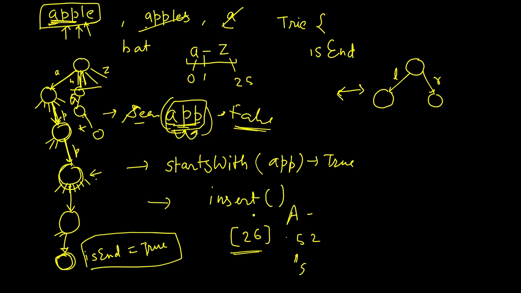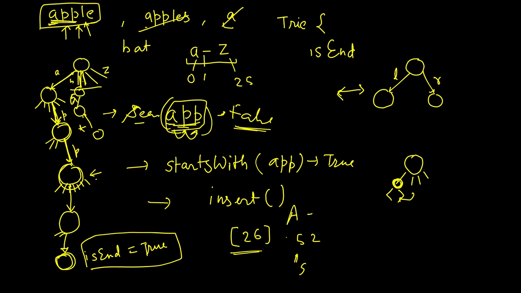And there we will use an optimized version of this, where we will create a trie node, and instead of having a fixed size array, we will have an empty hash initially, and whenever we encounter any new character which is not in the hash, we insert it into the hash.